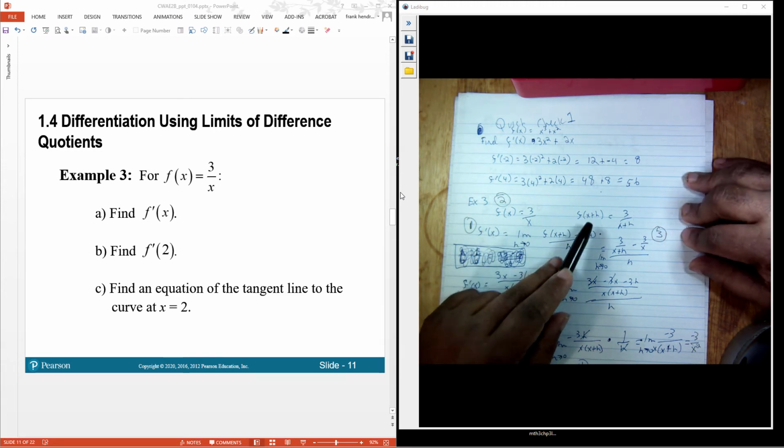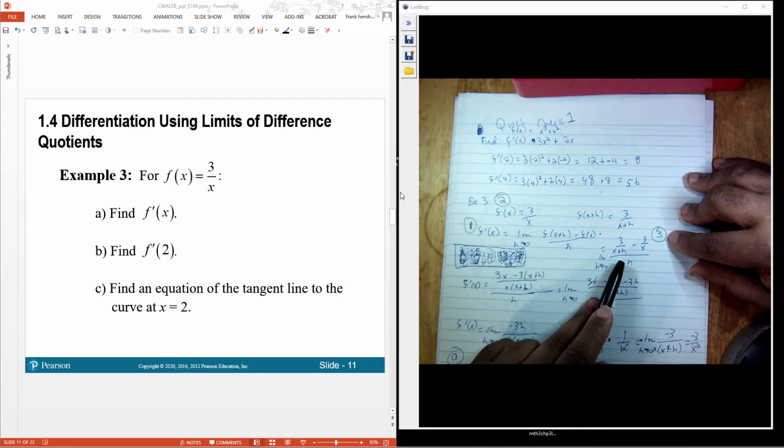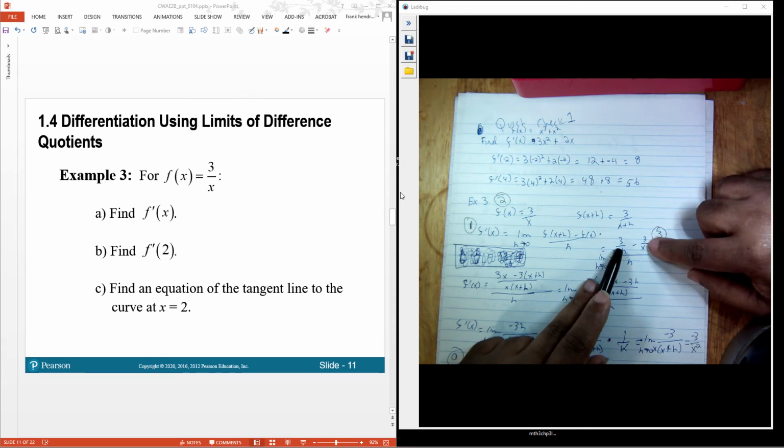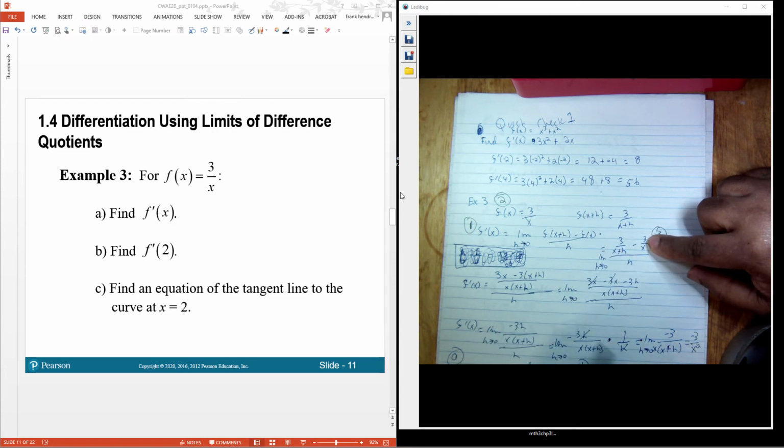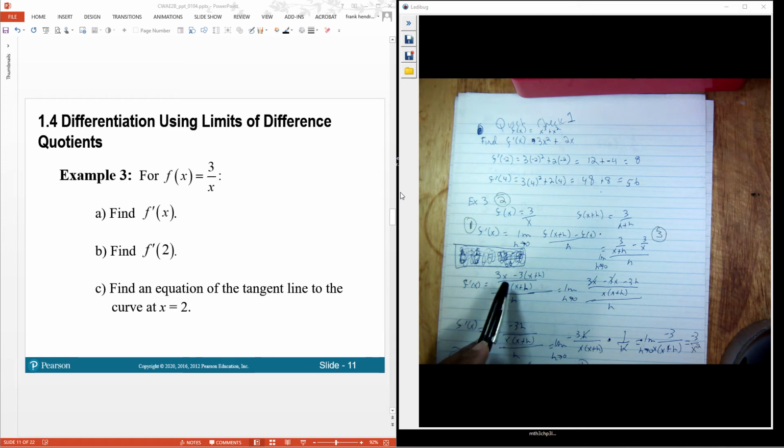Then the third thing I did was plug in. Notice I have two fractions with different denominators in my numerator, so I'll rewrite it as one fraction. I'll get rid of the parentheses, then I can simplify it. 3x minus 3x cancels out.